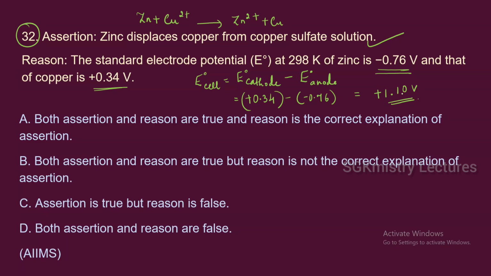So 0.34 plus 0.76 will give you 1.1 volt. So it is positive. That means it is a spontaneous reaction. This particular reaction is spontaneous. So assertion is correct. The reason is also correct. And reason is a correct explanation of the assertion because based on these values, we can tell that zinc displaces copper from copper sulfate solution. So yes, option A is the right answer.